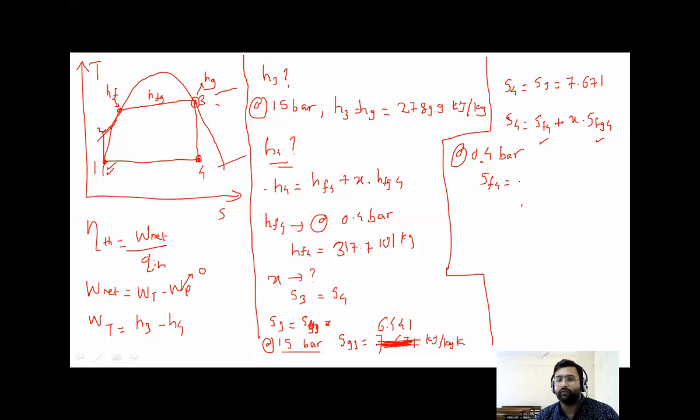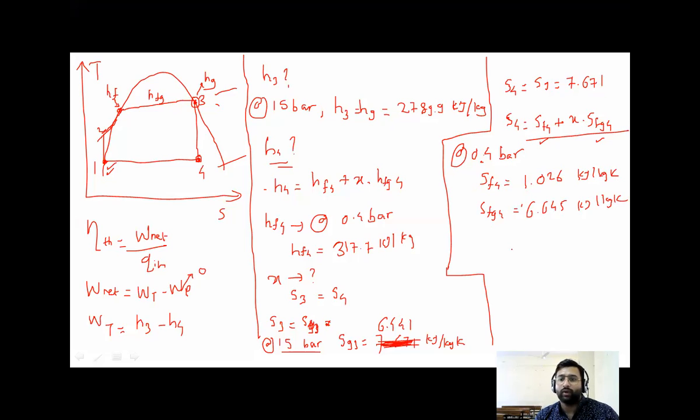SFG is 6.645. Somebody write it down. So SF4 will be 1.026 kilojoule per kg Kelvin, and SFG is 6.645 kilojoule per kg Kelvin. Now you put all the values in this equation.